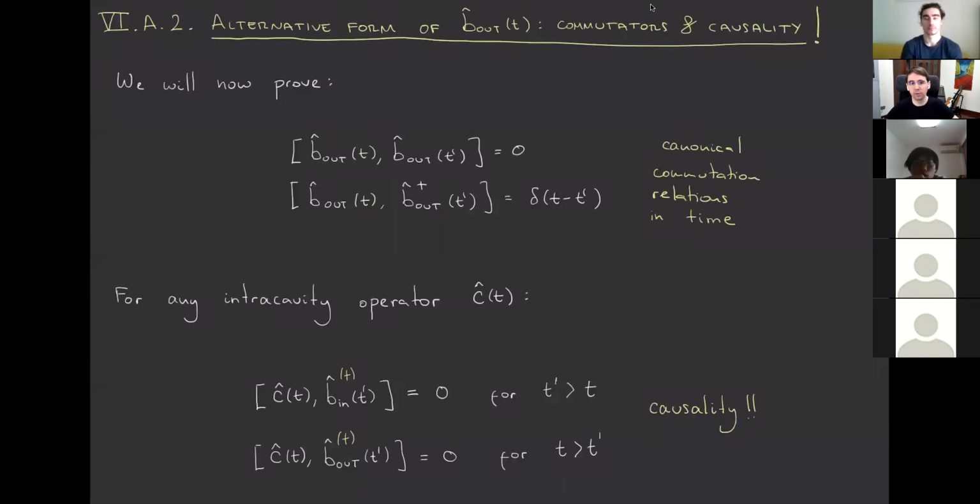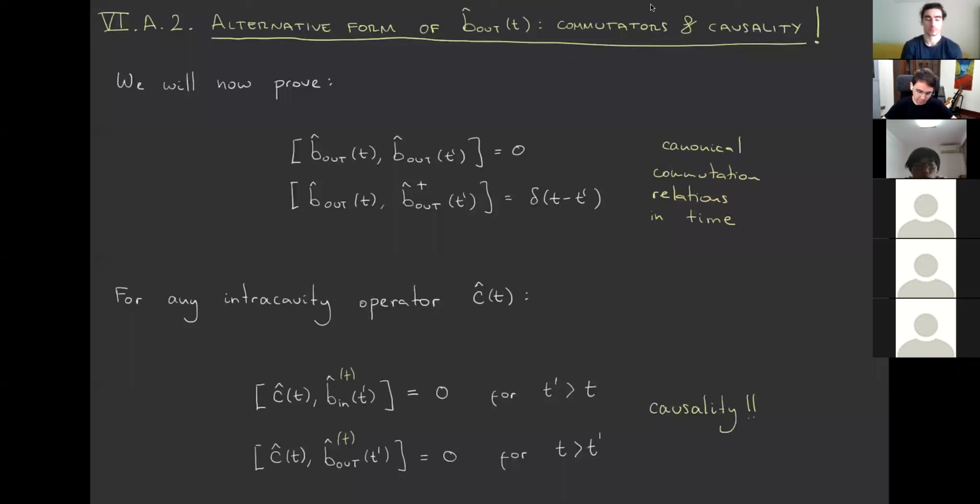We also saw that the theory that we have created is a causal theory. It doesn't violate causality, in the sense that the operators inside the cavity depend on the input operator only in the past or the present, but not on the input operator in the future.